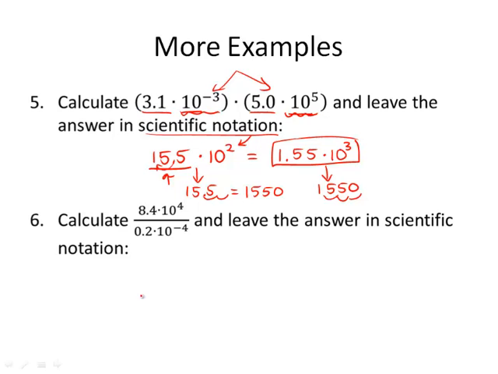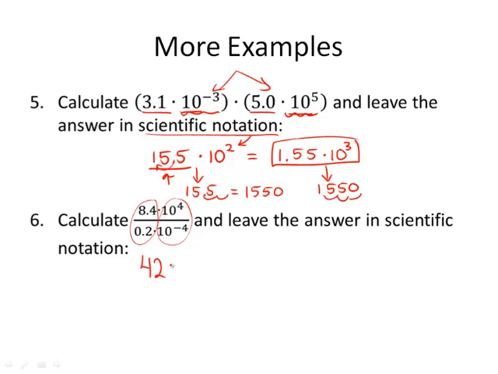The second example here, we have a division, so we can proceed in a similar manner. We'll take 8.4 and divide it by 0.2, and we'll take 10 to the 4 divided by 10 to the negative 4. So 8.4 divided by 0.2 gives us 42.